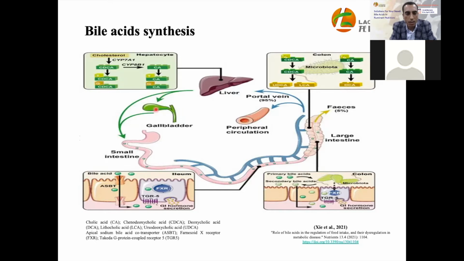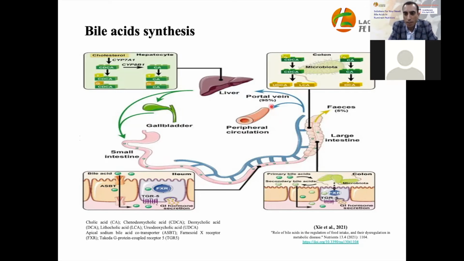After eating food, bile acid starts to be secreted into the small intestine, where in the ileum, the third part of the small intestine, it is absorbed via the apical sodium bile acid cotransporter, ASBT, to return to the liver to be reused and resynthesized.